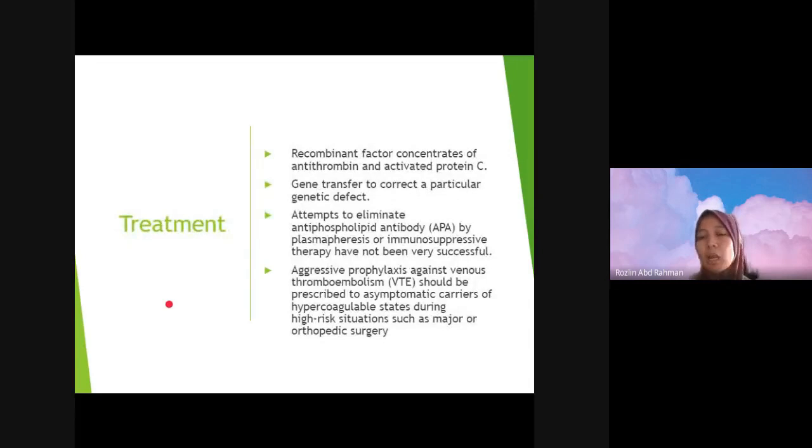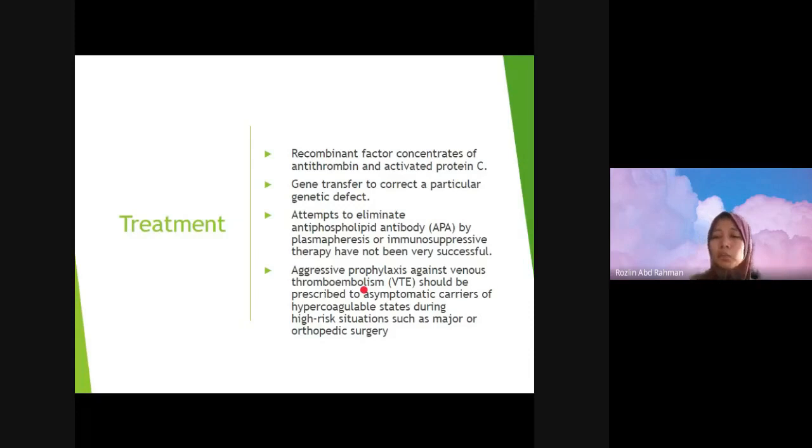How do we treat this? We do not have a specific therapy to reverse the hypercoagulable state. We have a few modalities. We can use recombinant factor concentrate to control and prevent bleeding episodes, and we have some other alternative treatments. We can give aggressive prophylaxis against thromboembolism.